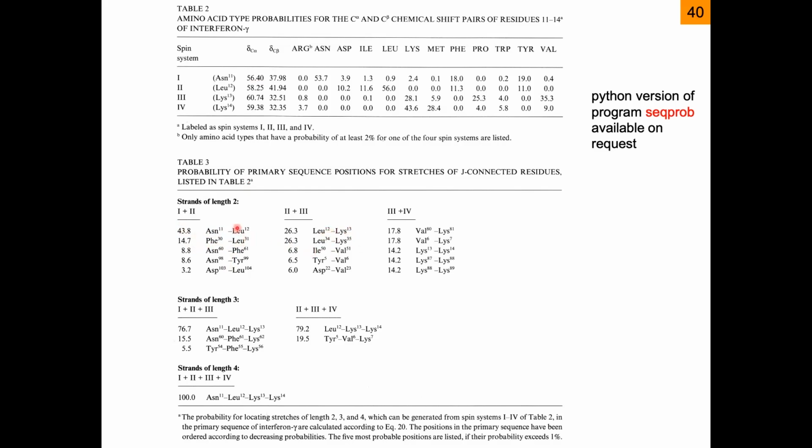But if I take 3 in a row, let's say these first 3, so 6 shifts, C alpha and C beta, and I go through the sequence and see where it would match, then I have already 77% that it's at asparagine 11, leucine 12, lysine 13. And same for the other strand.